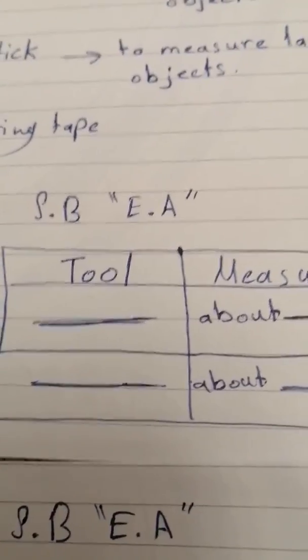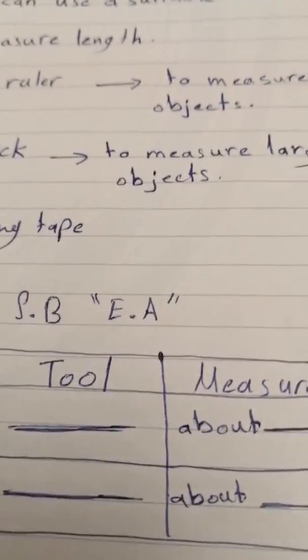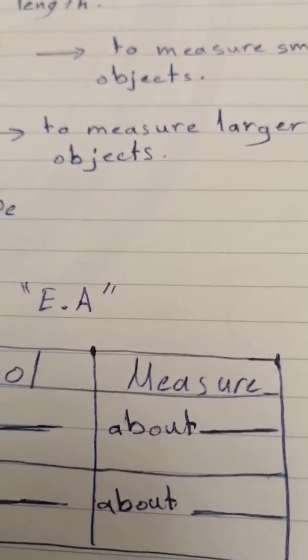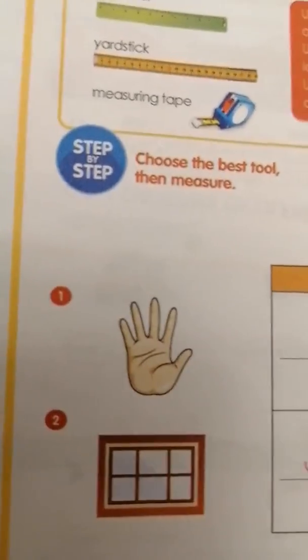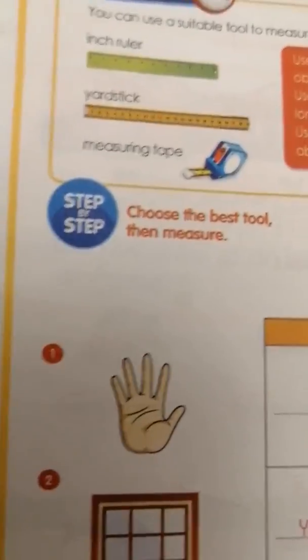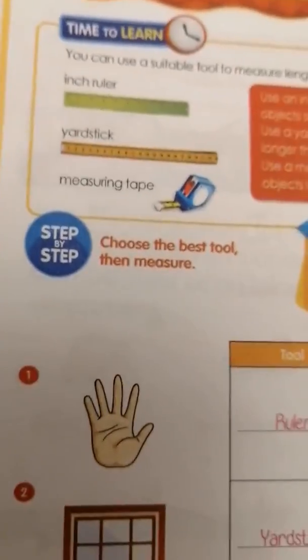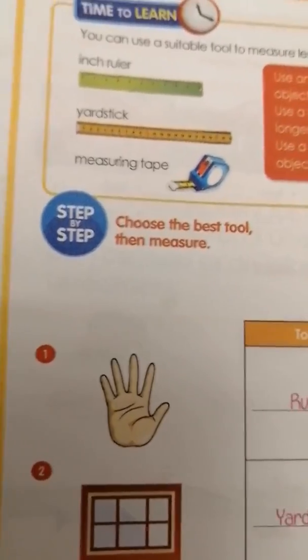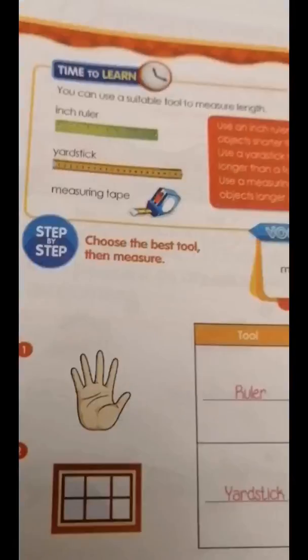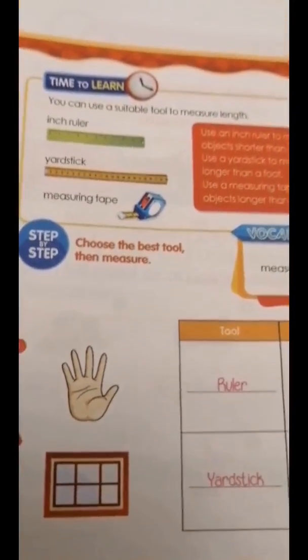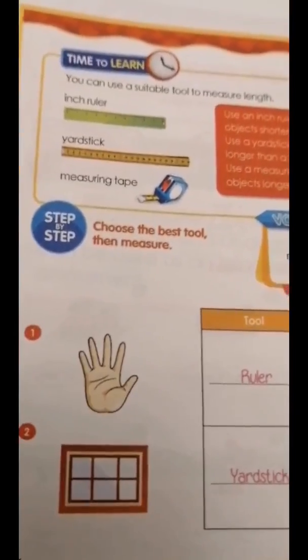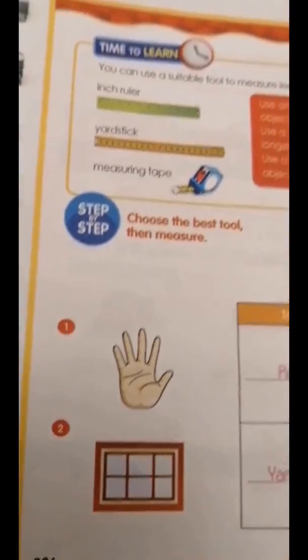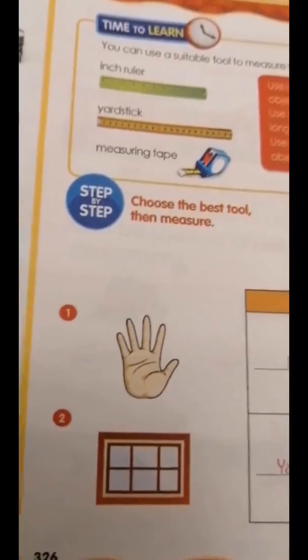Now go with me to page 326, student book, exercise A. We have to complete the table by writing the correct tool and the correct measurement. The things that we have to measure, number one, our hand. Our hand is just like a small object, so we measure it by using an inch ruler.